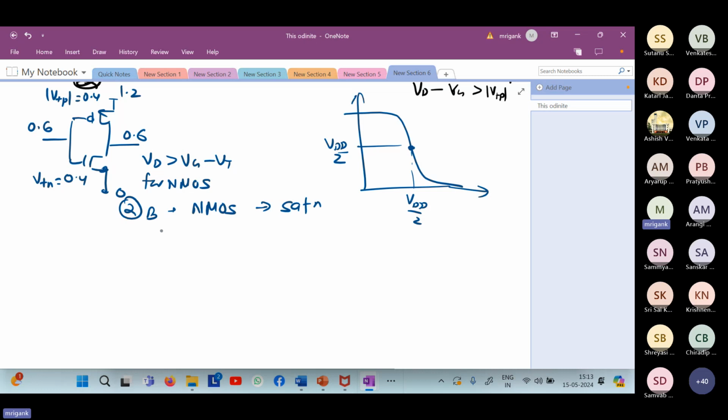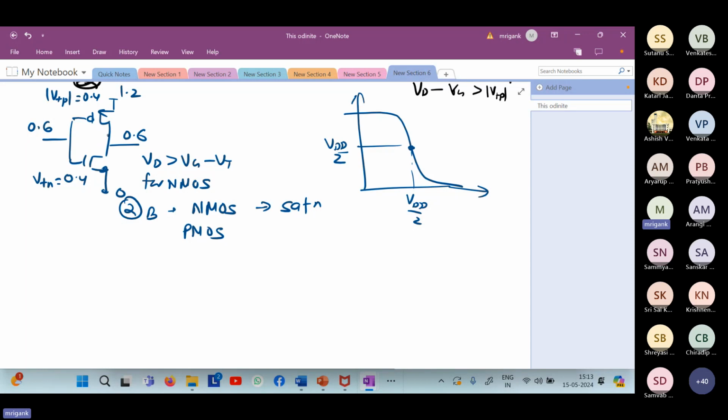What about PMOS? If I assume these voltages, what is the condition for PMOS? Is there a channel formed for the drain side of the PMOS? What is the condition for the channel to be formed for the drain side of the PMOS?